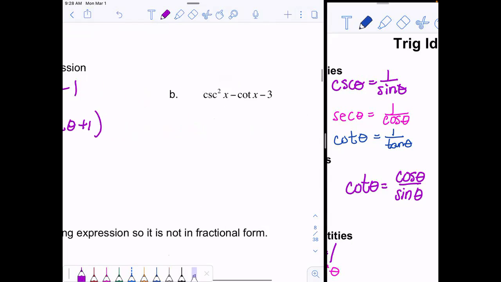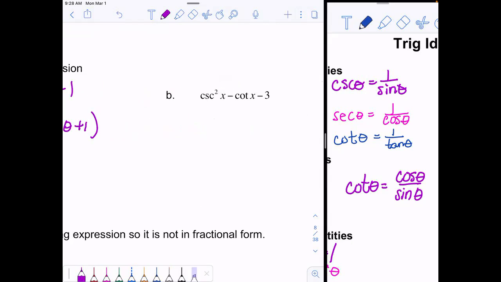The one next to it, this one's a little different. We have cosecant squared minus cotangent minus 3. For us to be able to factor, we need to have all x's. I have to have the same function in order to factor.